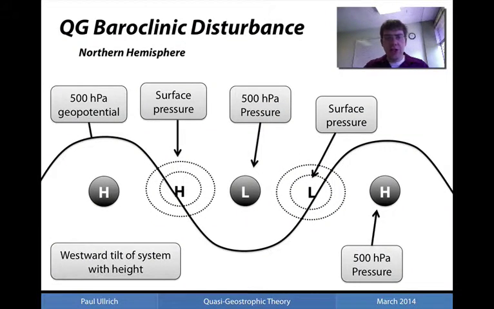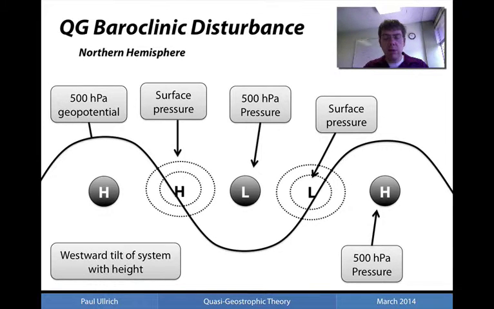So for a large-scale synoptic scale wave, we have the existence of a surface pressure low, which exists in the upswing of the wave, and a surface pressure high, which exists during the downswing. These are responsible for the generation of cyclonic and anticyclonic vorticity respectively, and hence lead to the development of this wave system.